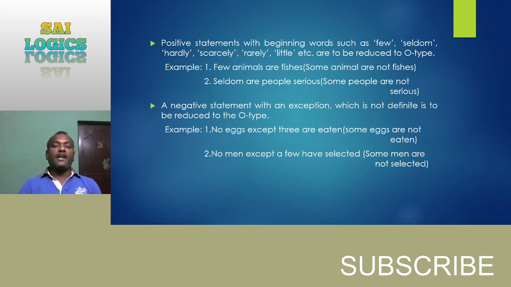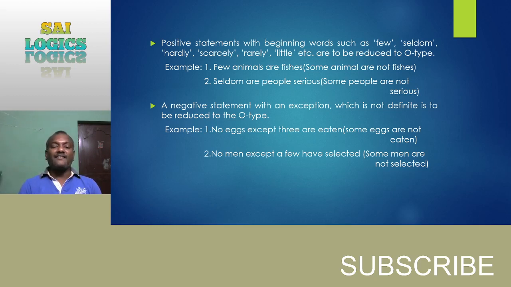So in case number 3 of I statement, we have seen a positive statement with an exception, but here it is a negative statement with an exception. For example, no eggs except 3 are eaten. So it is having an exception, and the statement given is a negative one. So we can rewrite as some eggs are not eaten.